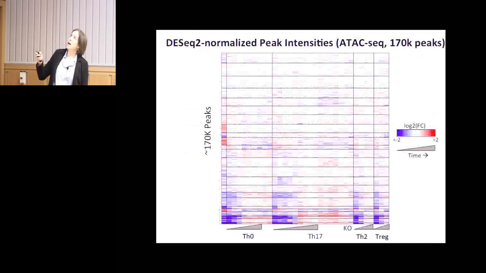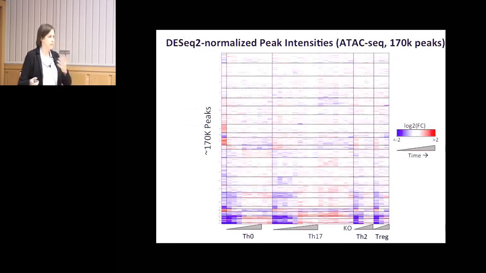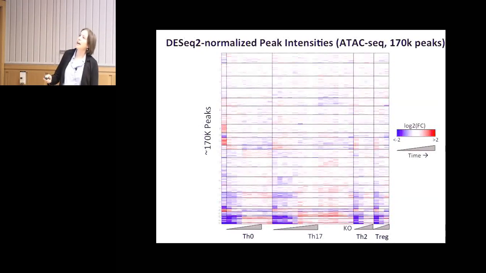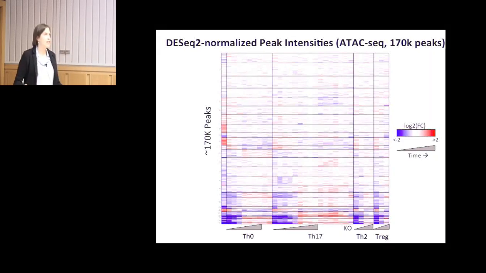Here is a heat map, and we're looking at accessibility of 170,000 peaks that were detected across these T helper cell samples. Here's the Th17 time course, and we have other T helpers that were controls in this experiment. You can see that they have very different trends, so there's some quantitative information there.